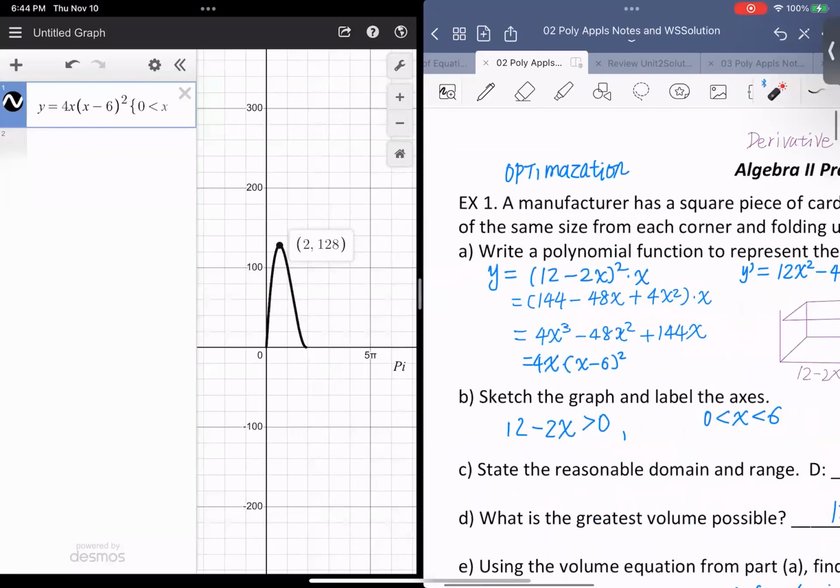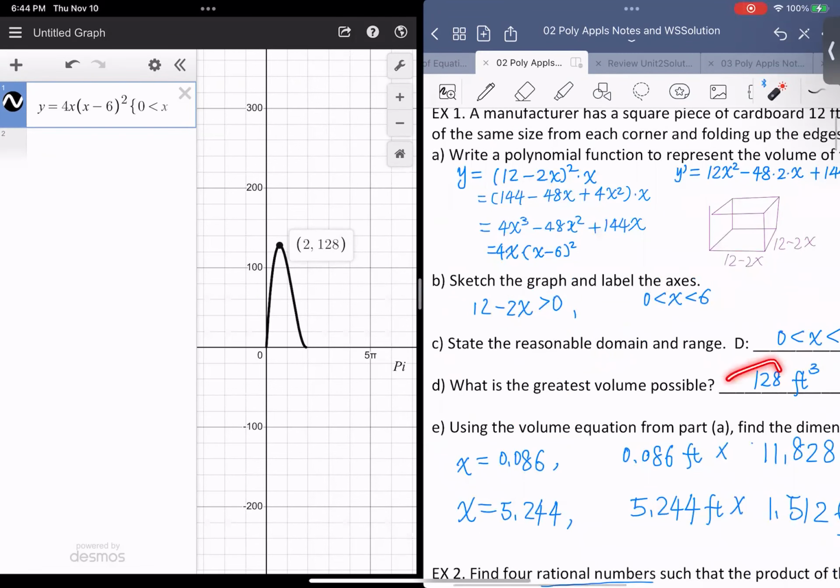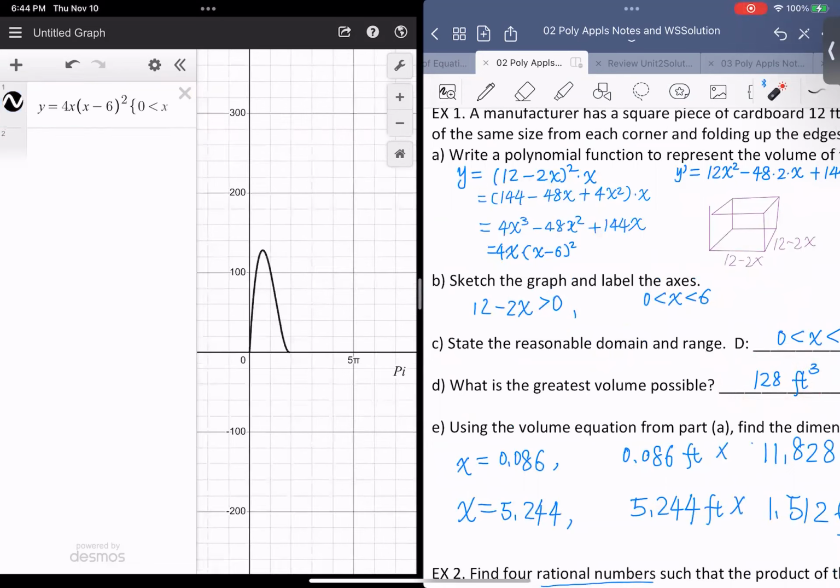Right now, before you learn calculus, for optimization questions, as long as you can translate the word problem to the math function, type it in the calculator, and find the peak point, you say, oh, okay, the greatest volume is 128.